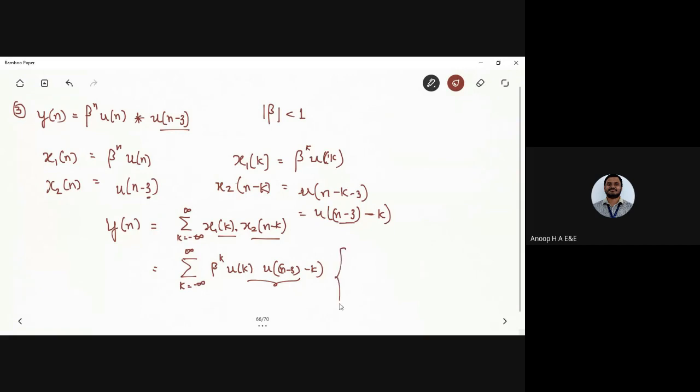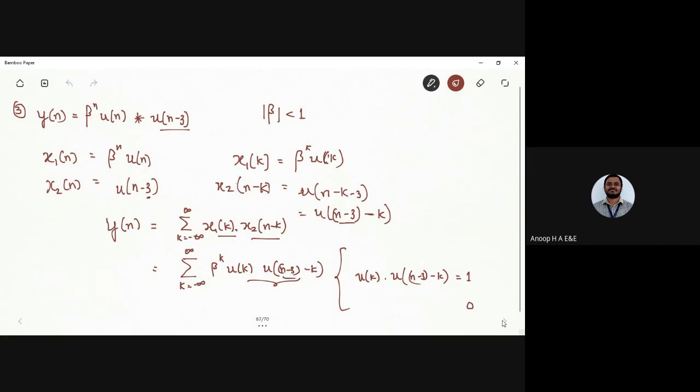I can represent it, I think it's a constant itself, where I'll be having u of k into u of n minus 3 minus k. So that will be equal to 1, and 0. So I have these two terms which are there, and the values, I'll be writing here the values.